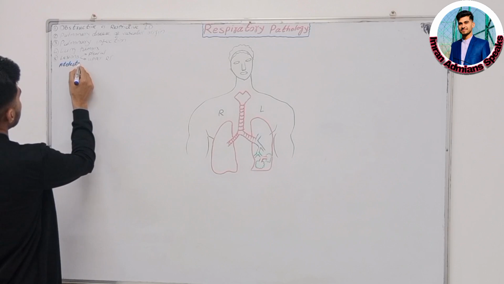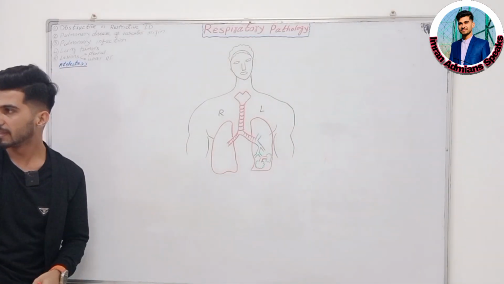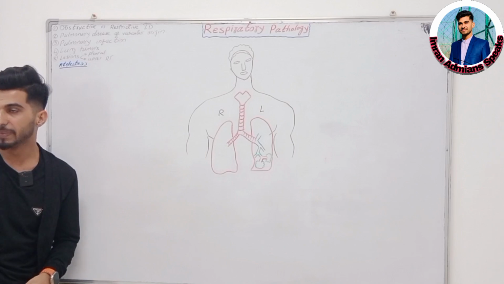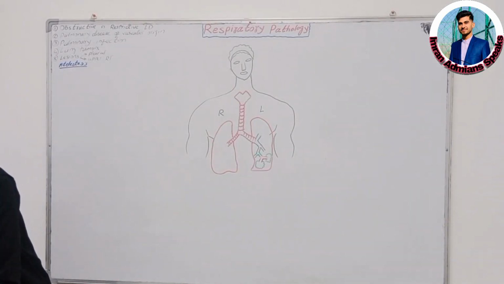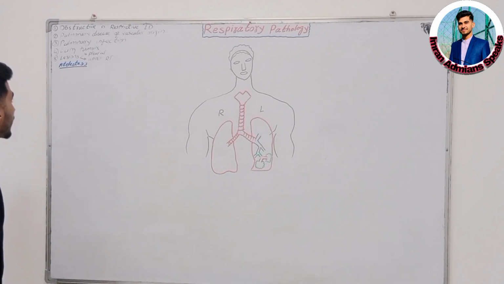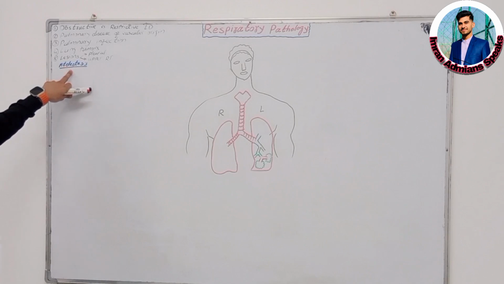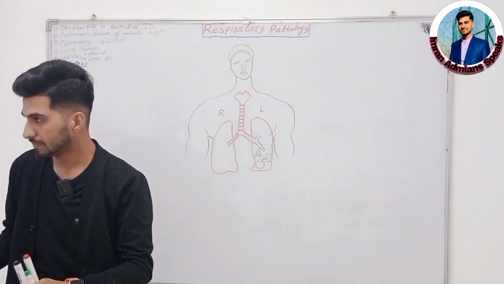What is the meaning of atelectasis? Atelectasis means collapse. Collapse of which? Alveoli. As the name suggests, collapse.